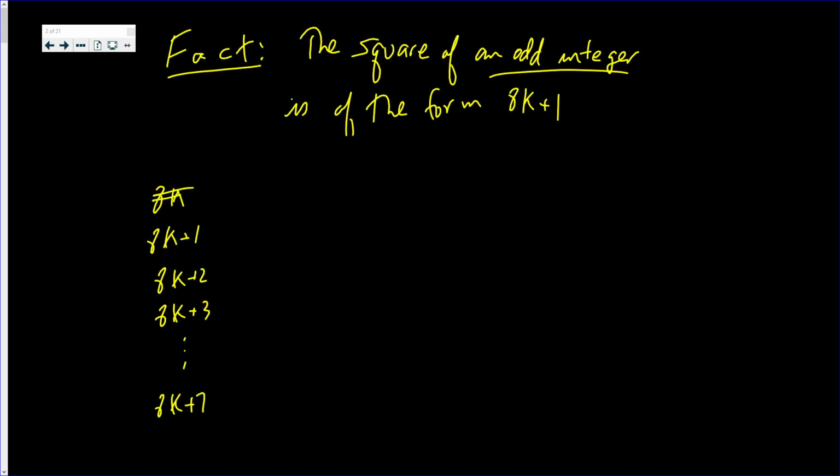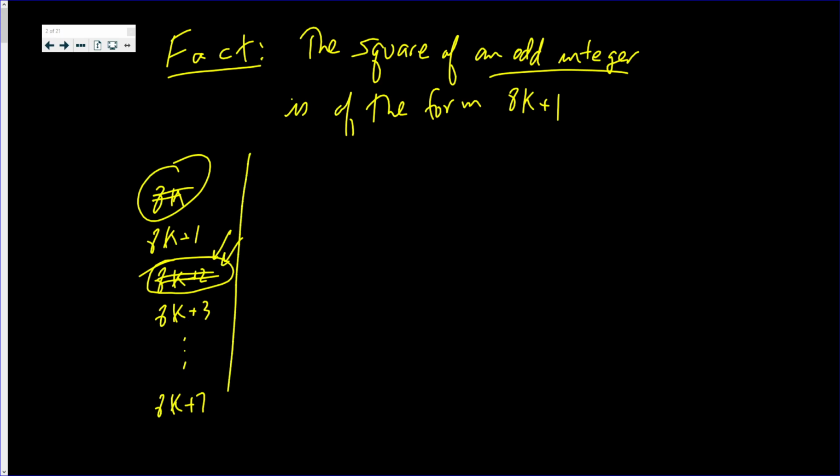And of course, we can eliminate the ones that I just crossed off, because 8 times an integer is even, and if 8 times an integer is even, then when you add 2 more, it's even.